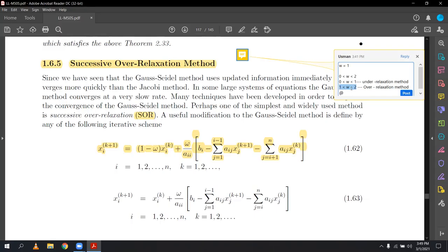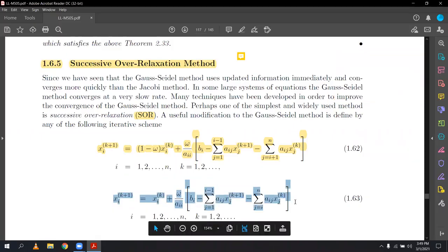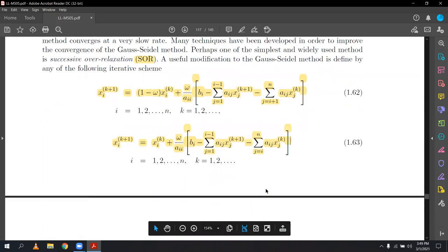That means here we have an optimal rule, an optimal formula, to find the best value of omega in this range to work with the SOR method, because the SOR method needs the value of omega. This formula for SOR and this one are exactly the same, only the way of writing is different.